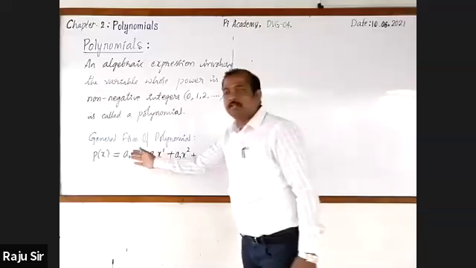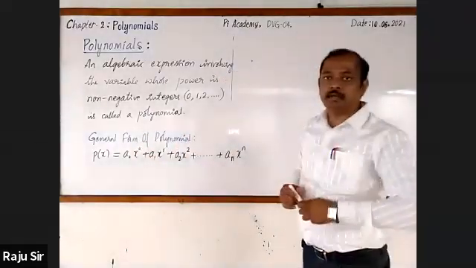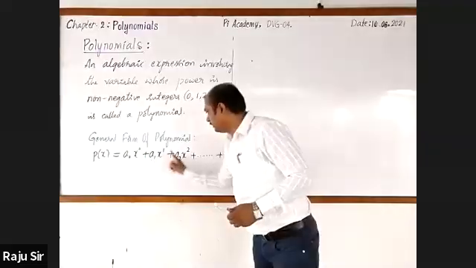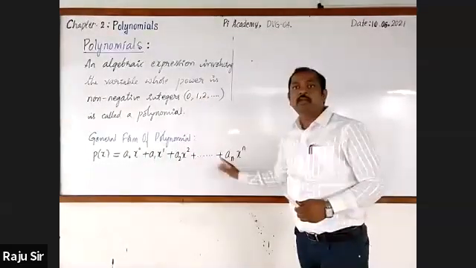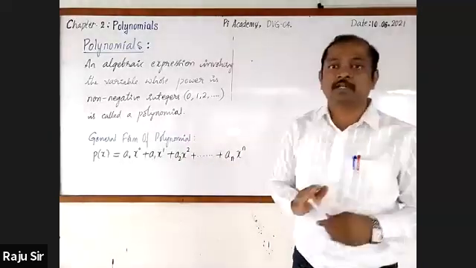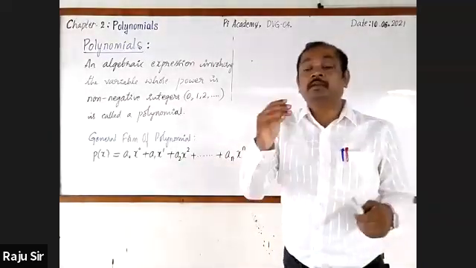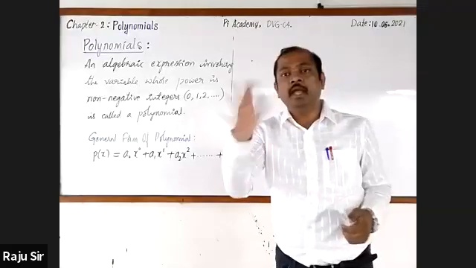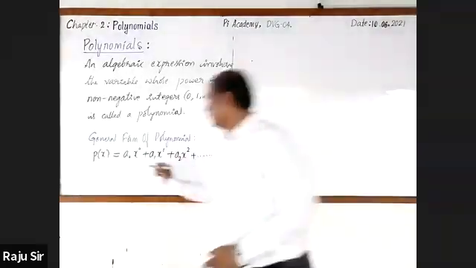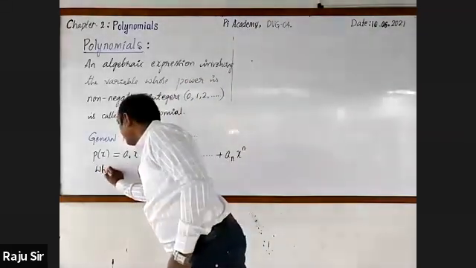So this is the general form of polynomial. Here, a0, a1, a2 up to an are coefficients, they are constants, and these coefficients may be any real number.